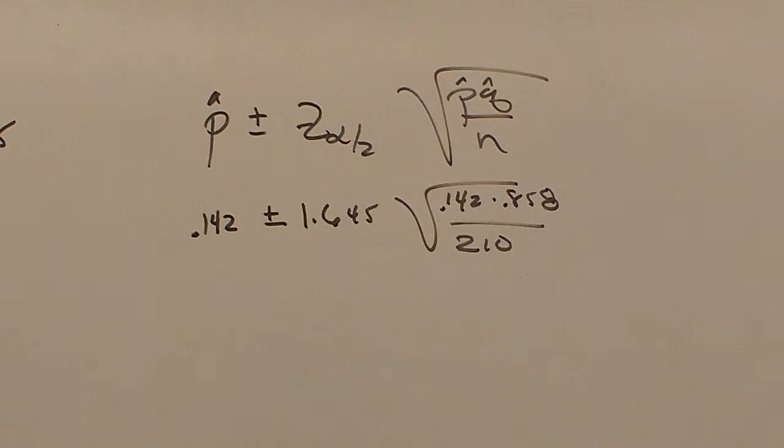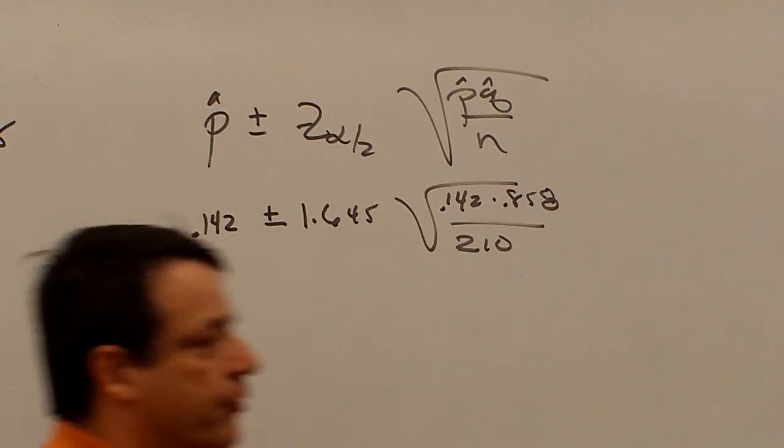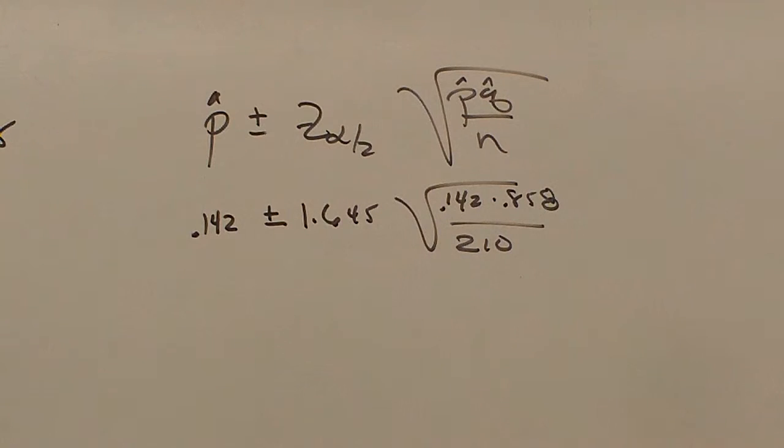So it's a 90% confidence interval, right? Yes. Okay. So someone's going to have to give me what's inside that square root sign. 0.142 times 0.858 divided by 210. What's that?